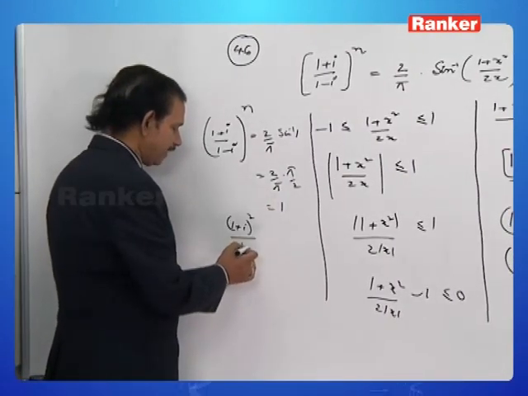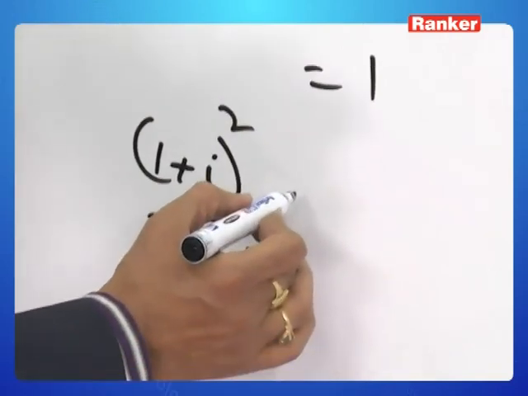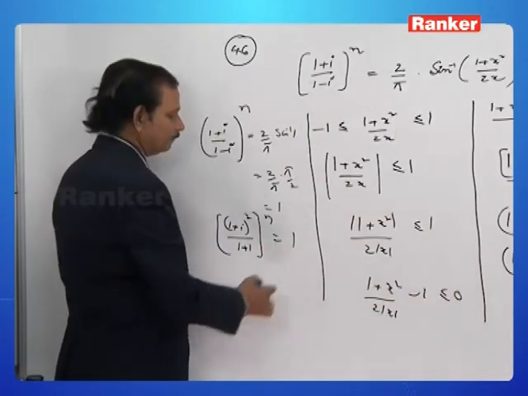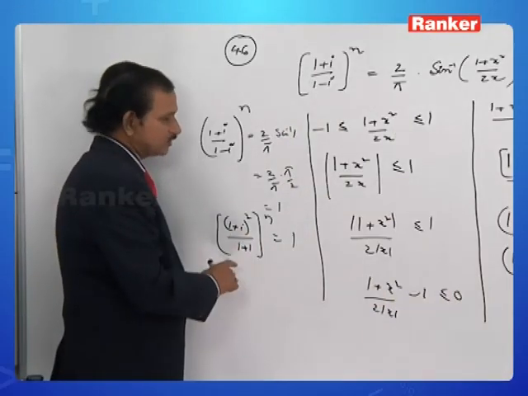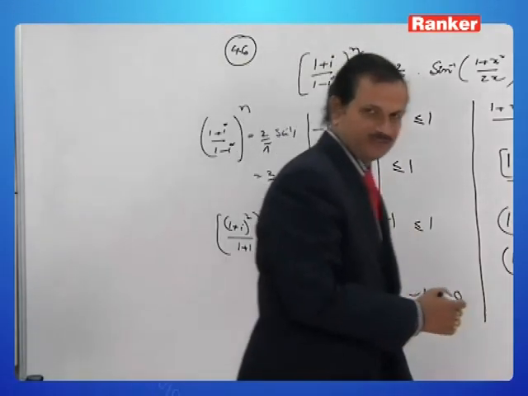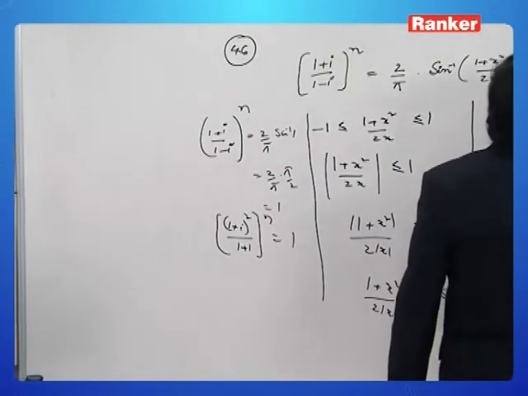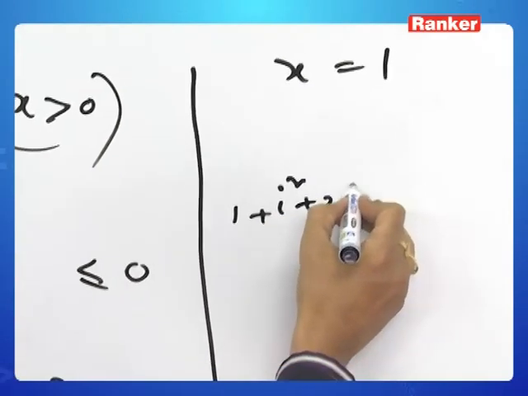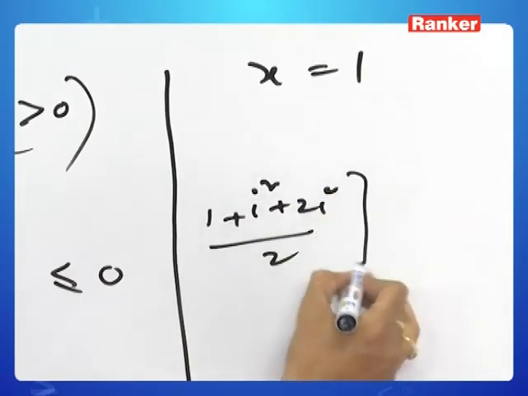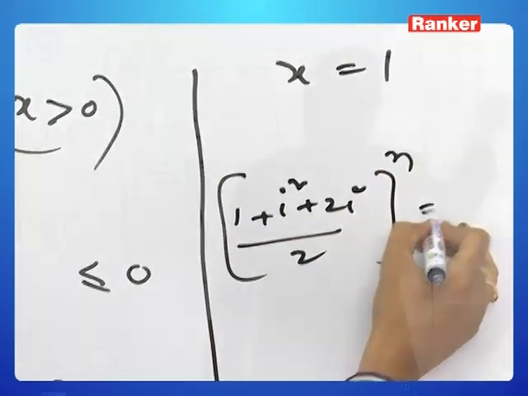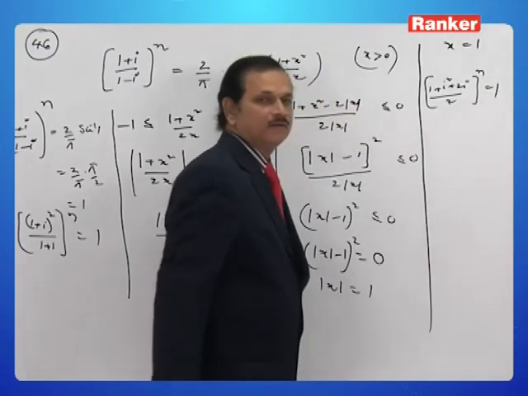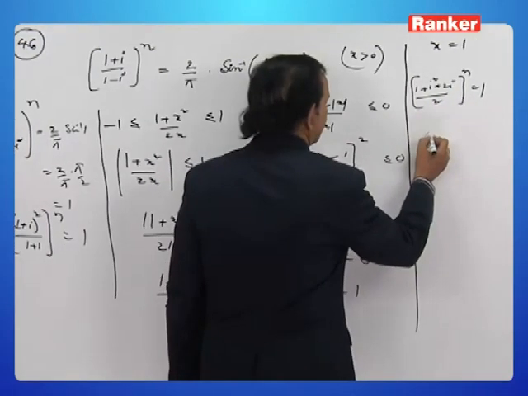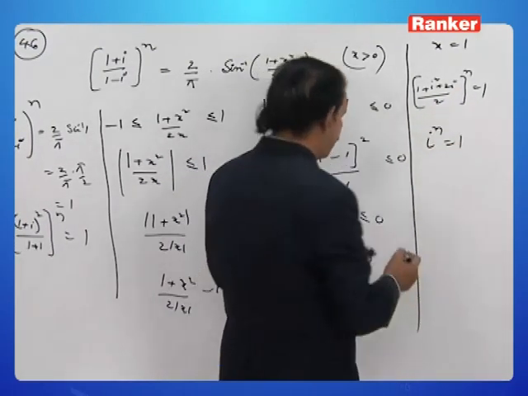What is (1 plus i) whole square? 1 plus i square plus 2i, by 2, whole to the power of n is equal to 1. What is i square? Minus 1. 1 and minus 1 go away. 2i by 2 is nothing but i. So i power n is equal to 1.